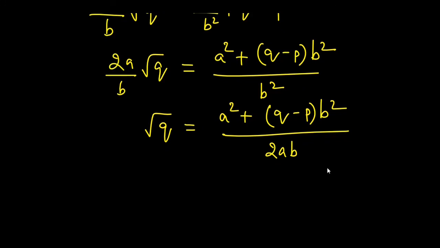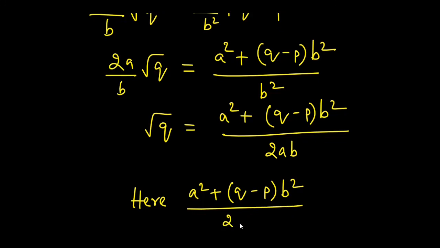So here a square plus q minus p into b square is an integer and 2ab is also an integer. Here the right side is rational.